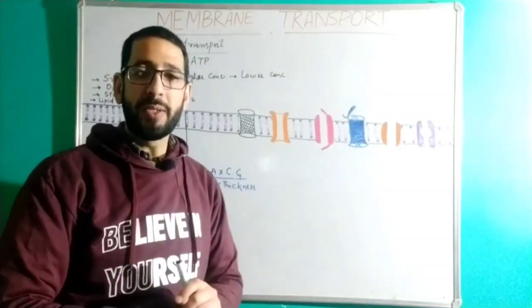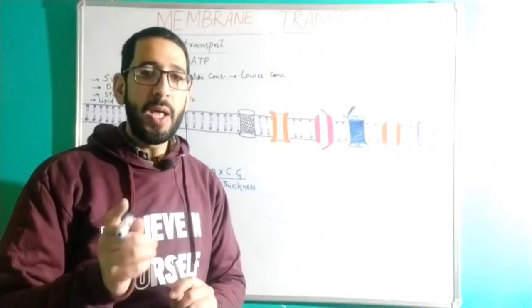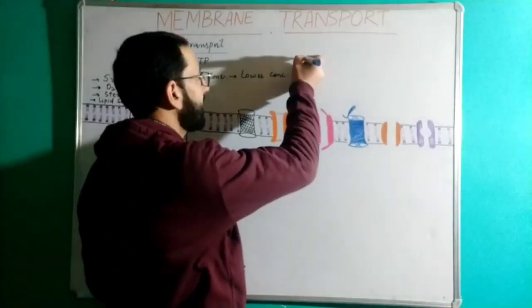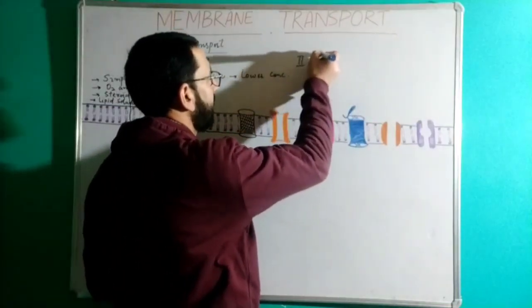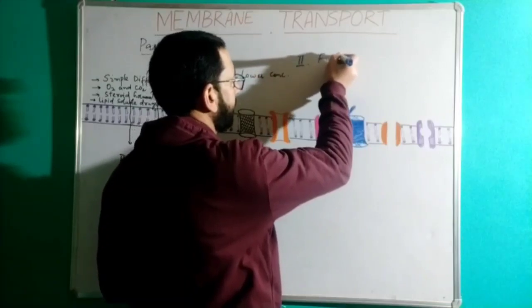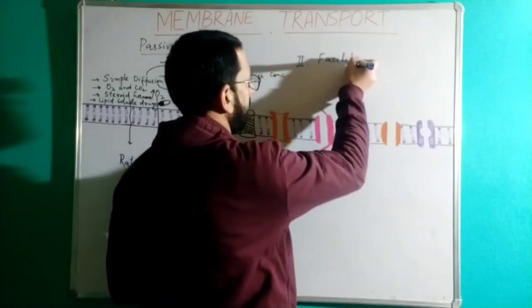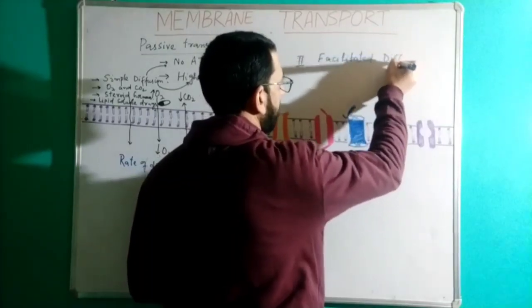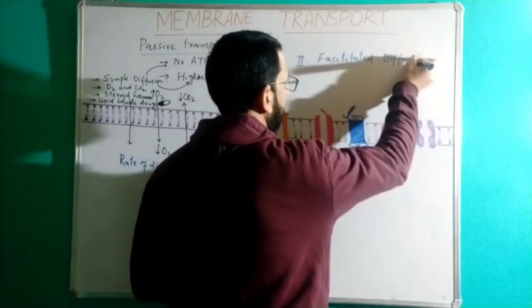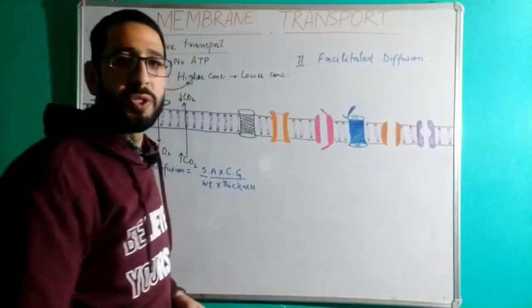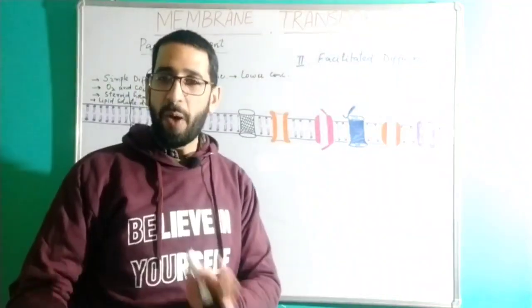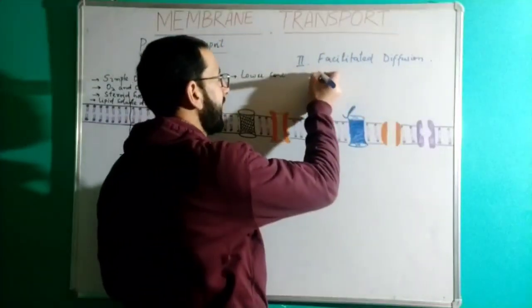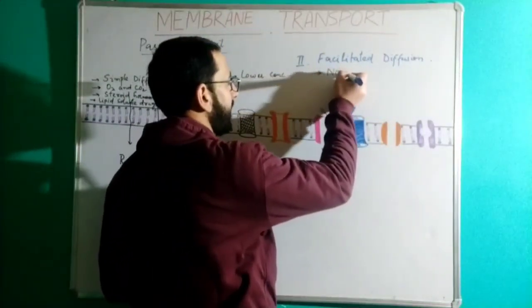Now let us talk about the second type of passive transport, that is facilitated diffusion. Facilitated diffusion is definitely a type of passive transport, so again we will not require any ATP for this type of transport.